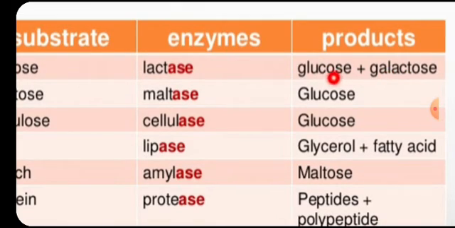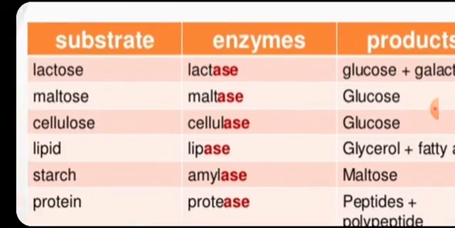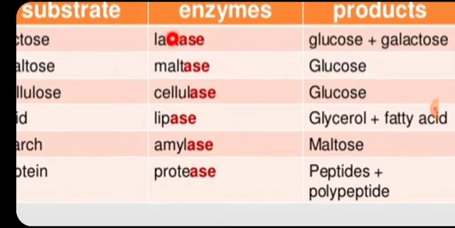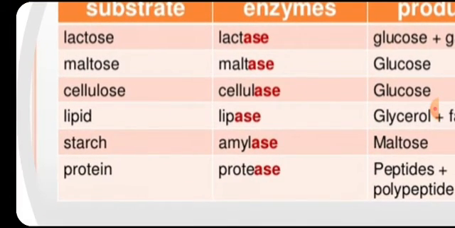That means it is a degradation type of reaction catalyzed by this lactase enzyme. Another example, the substrate is maltose, the enzyme is maltase, and it is responsible for the formation of glucose. So maltose is a disaccharide, and it is broken down to 2 units of glucose. So again this is a cleavage type of reaction.